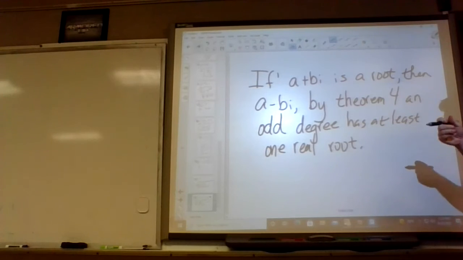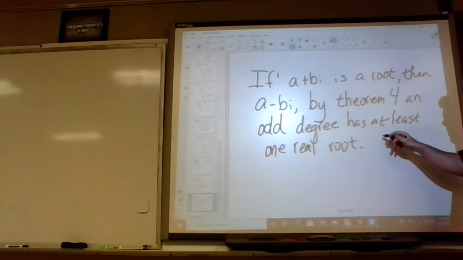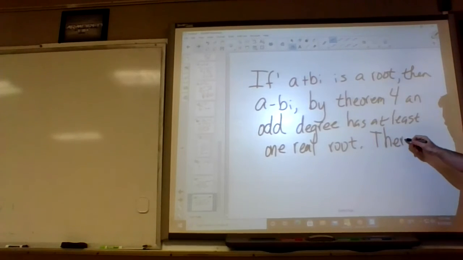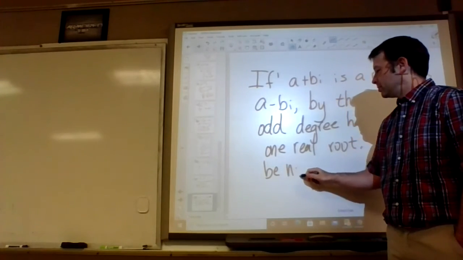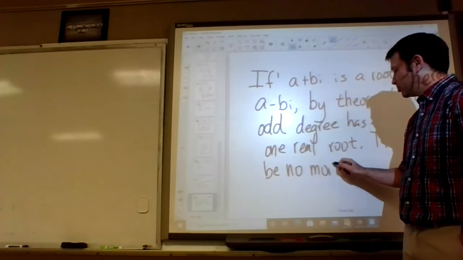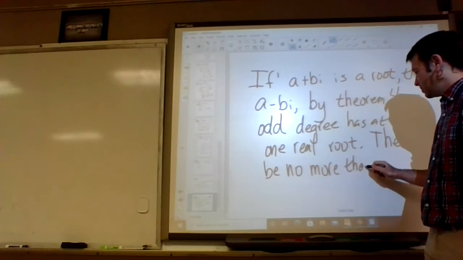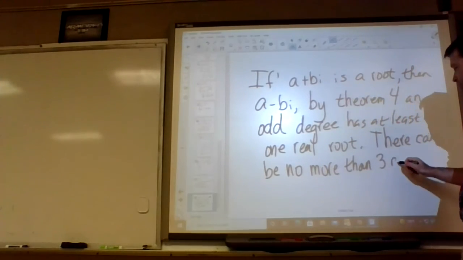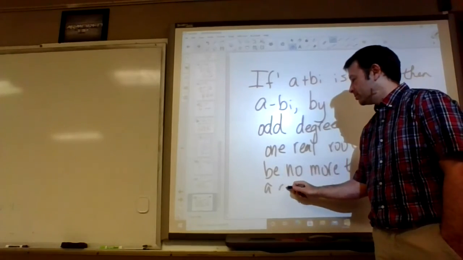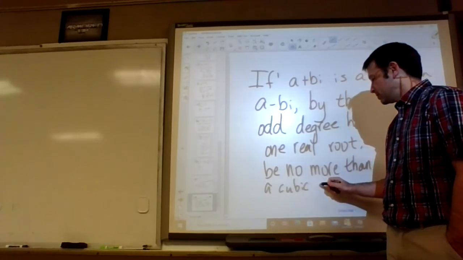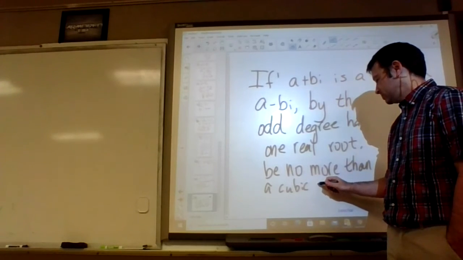There are already 3 individual roots, and the double root must be 2. There can be no more than 3 roots in a cubic function.